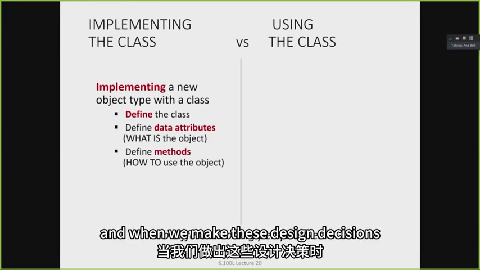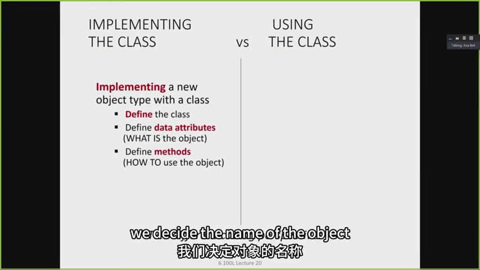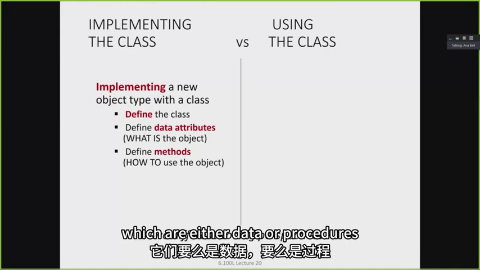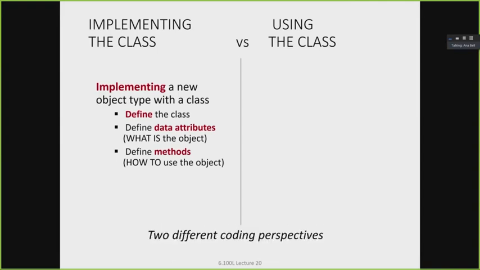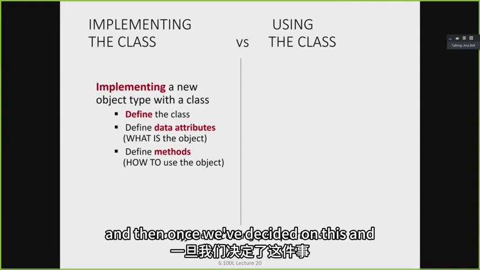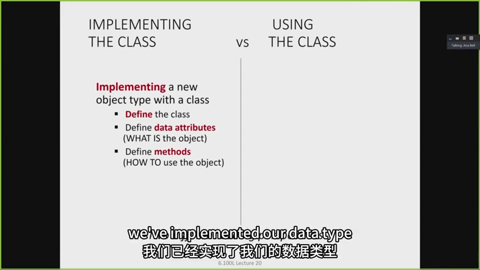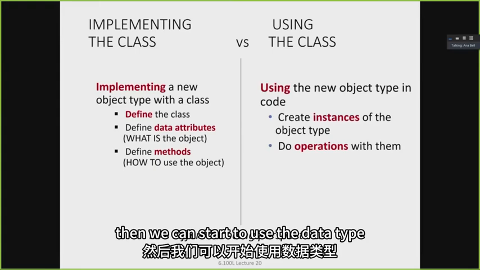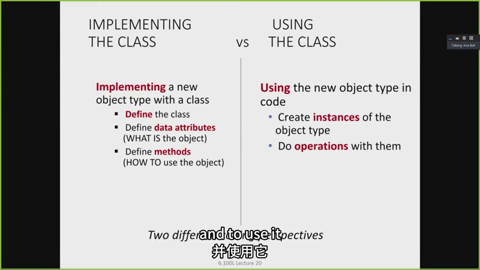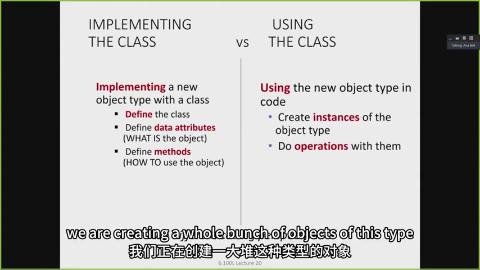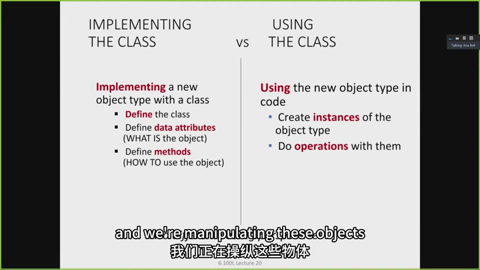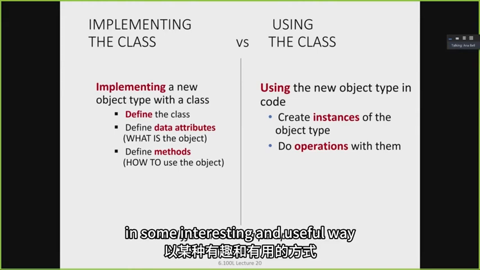When we make these design decisions, we decide the name of the object, and we decide the attributes, which are either data or procedures, that we want the object to have. Then once we've decided on this and implemented our data type, we can start to use it. To use it, we are creating a whole bunch of objects of this type, and manipulating these objects in some interesting and useful way.